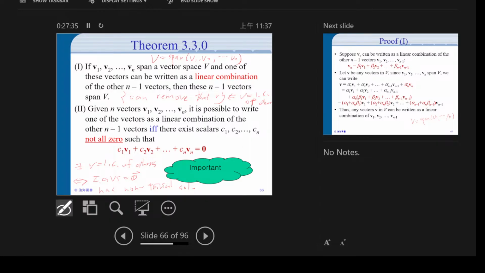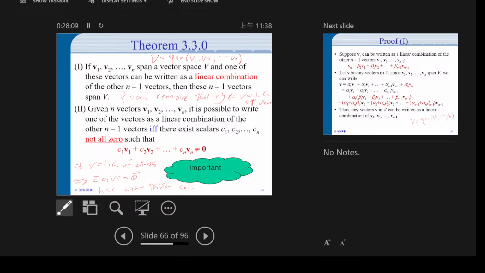Non-trivial solution means a solution that's not all 0. By solution we mean we pick C1, C2 to Cn. Obviously if you pick all the C here equal to 0, then you have a whole bunch of 0 vectors, and together it's still the 0 vector. So the thing we want to determine is whether this has a not-all-0 solution, which is also called a non-trivial solution.